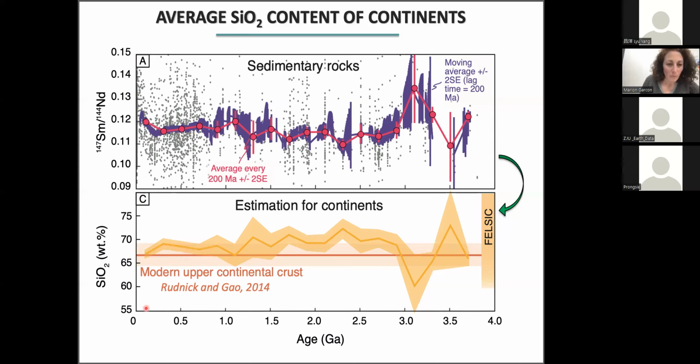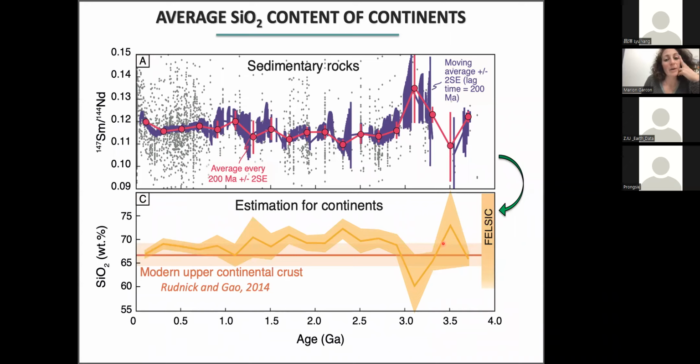As a comparison, the modern basaltic oceanic crust would be at 50, so something like here. So the thing that we can say is that the sediments that I compiled in this database, so all the sediments I found with neodymium data, did not sample a crust that was mafic. Otherwise, we would have a value around 58% if it was fully mafic, I would say.